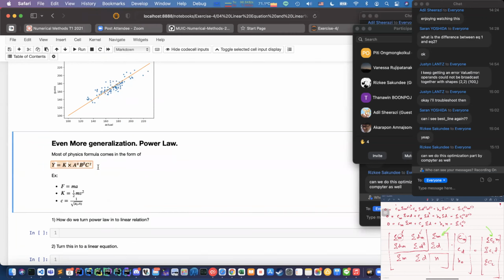This is called a power law. For example, F equals ma is m times a. You rarely see a physics formula where two things are added together. Very rare.